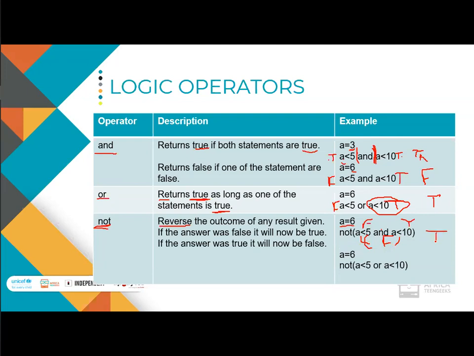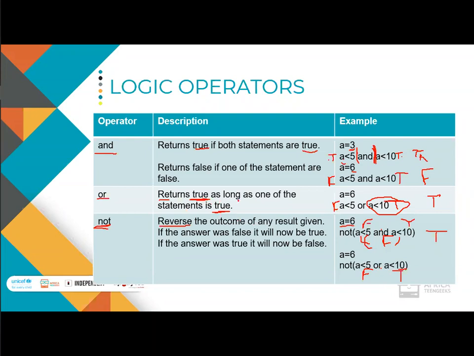I know it's a little bit tricky there, but try to bear with me. We're just looking at how our answer is going to be with the conditions. And finally, A is equal to 6. Is A less than 5? No, that's false. Is A less than 10? That's true. And if we look at this, it's OR, so it doesn't care which side is true.